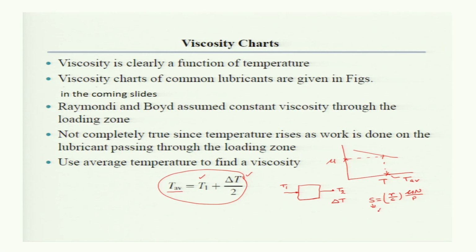So, again we get a value of delta T, and this delta T will be substituted in this equation again, and we will get the T average, and corresponding to this T average again we will get the value of mu and the Sommerfeld number. This process is repeated till the successive Sommerfeld numbers are very close to each other, and that Sommerfeld number will be taken finally to get the other performance parameters from the coming charts.